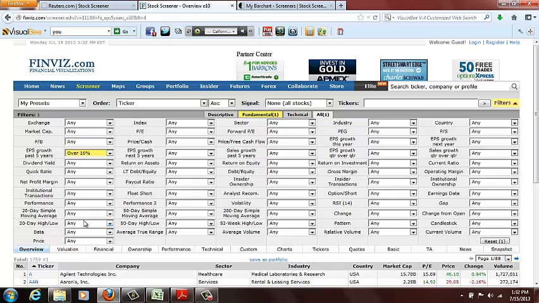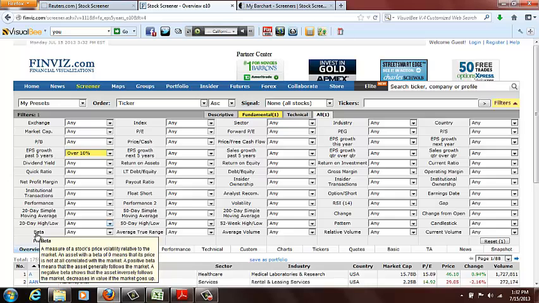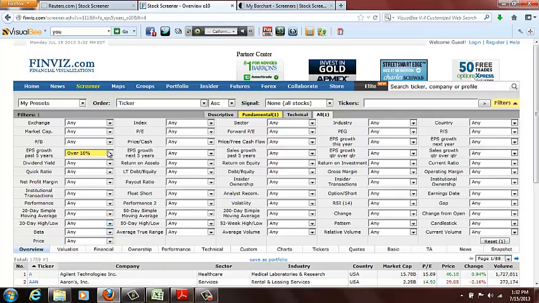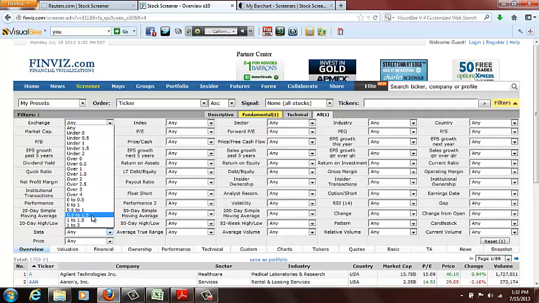Okay, the next one in here is the beta. For those of you that do not understand what the beta is, it means that an asset generally follows the market. If we look for a beta of 1, for example, we're saying this specific stock is following the market 1 to 1.